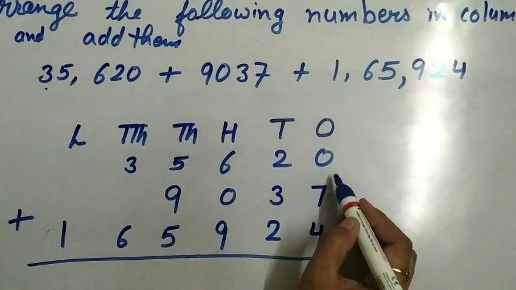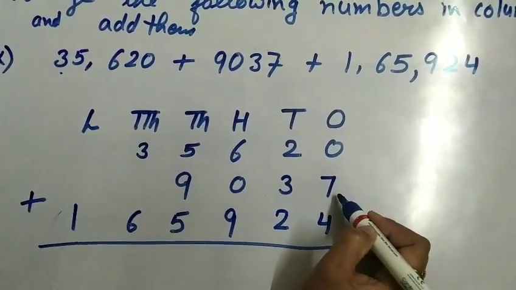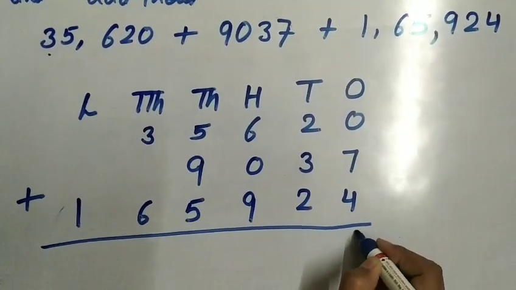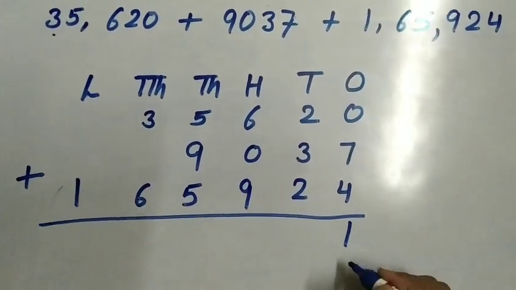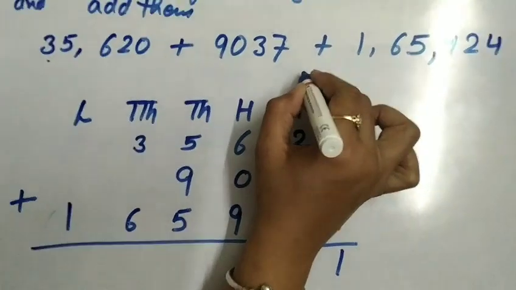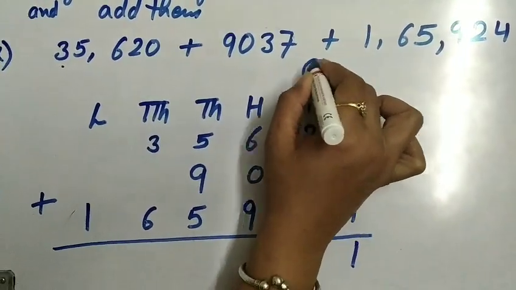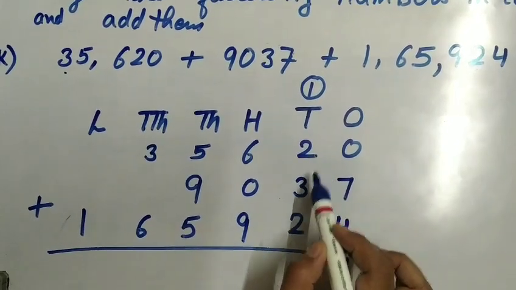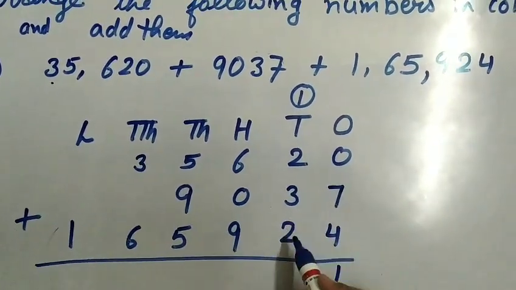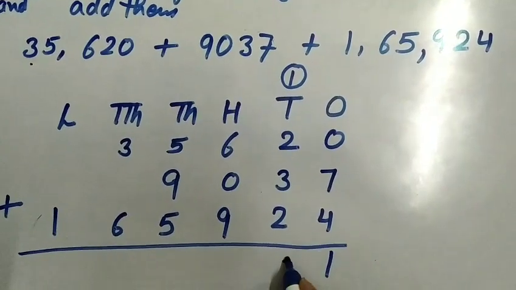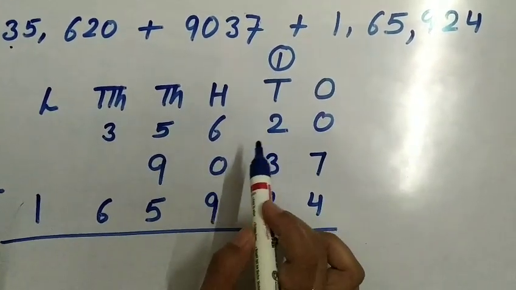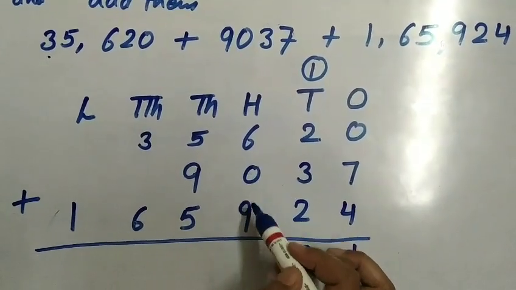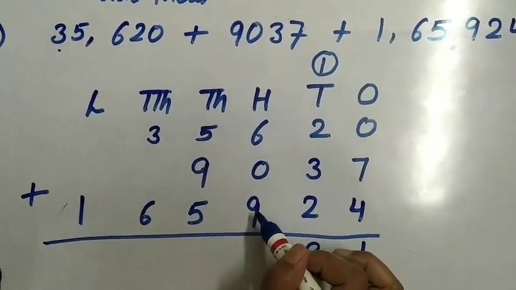See 0, 7, 7, 7 and 4, 11. Now we will write here 1 and carry over 1 to the tens place. Now 1 and 2, 3, 3, 3, 6, 6 and 2, 8. Next 6 and 6, 0, 6, 6 and 9, 15.